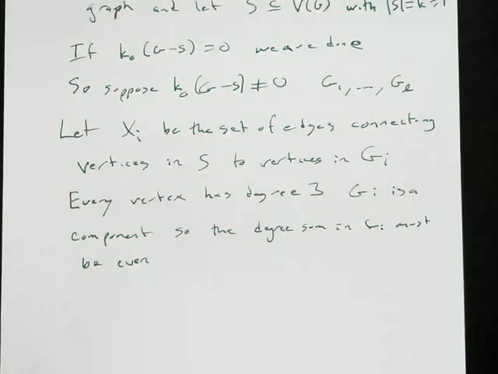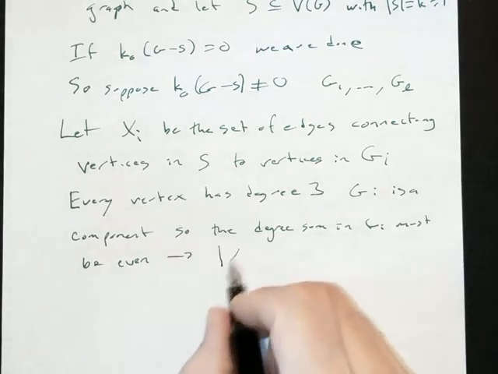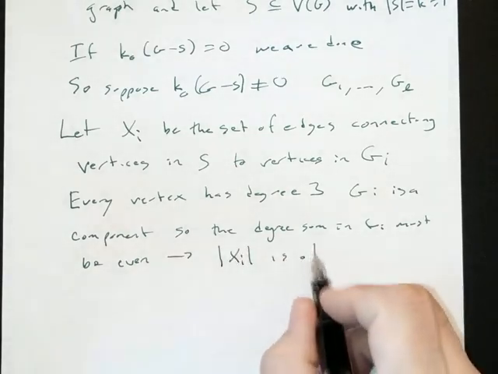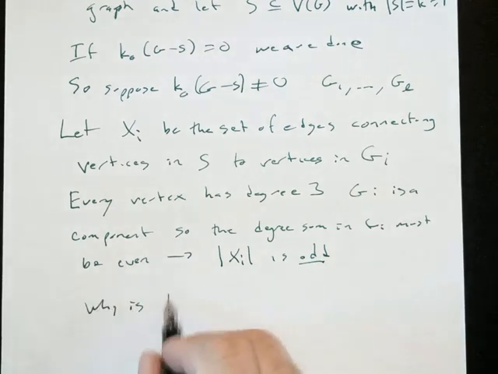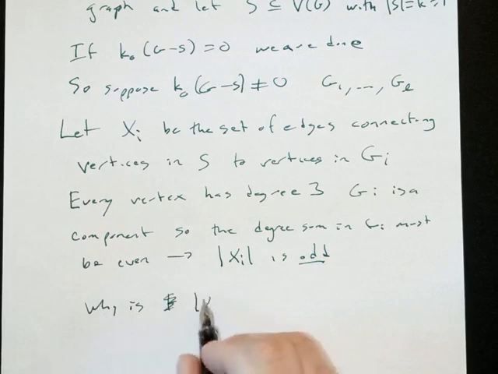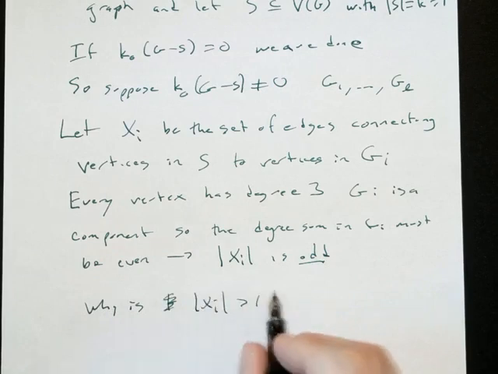Maybe it's 1. How do I know it's not 1? Hint, it's another condition required by my graph.